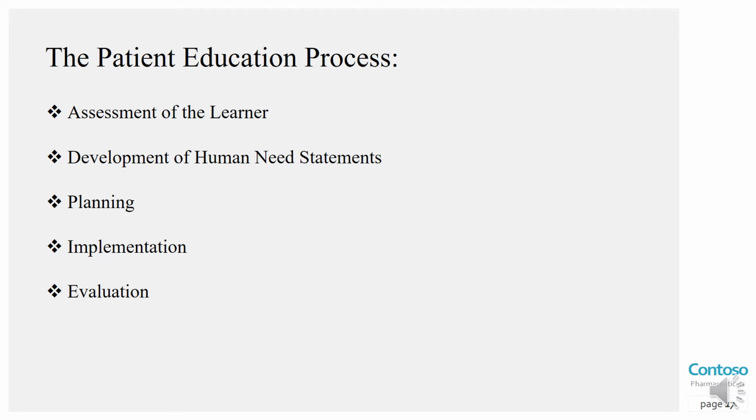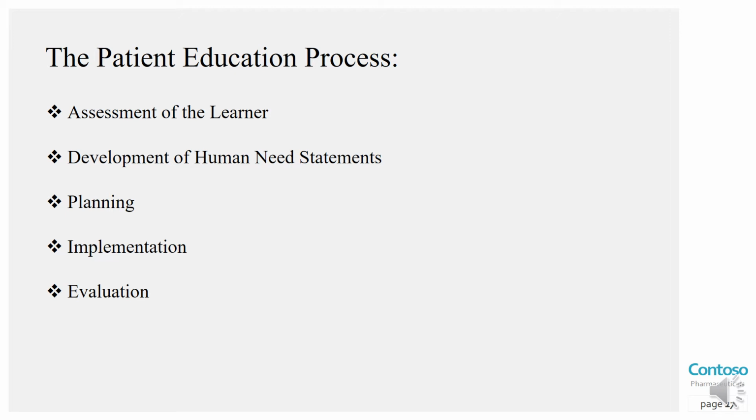Human needs statements that may be appropriate to learning needs develop out of objective and/or subjective data showing that there is limited understanding, no understanding, or misunderstanding of the medication and its actions.